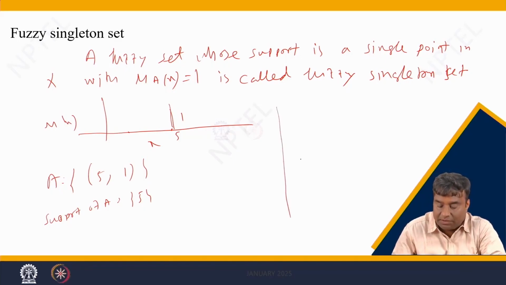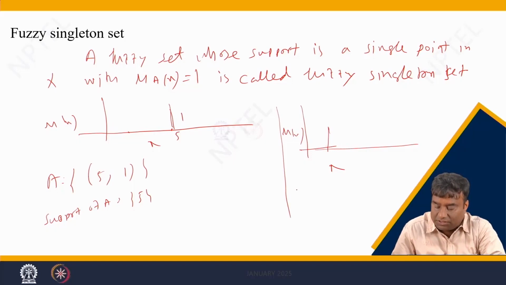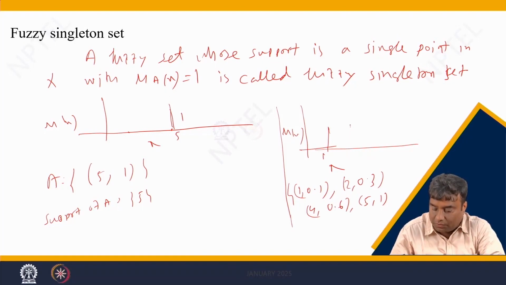Now take another example. Suppose this is x and this is mu x. The fuzzy set is 1, 0.1; 2, 0.3; 4, 0.6; 5, 0.1.